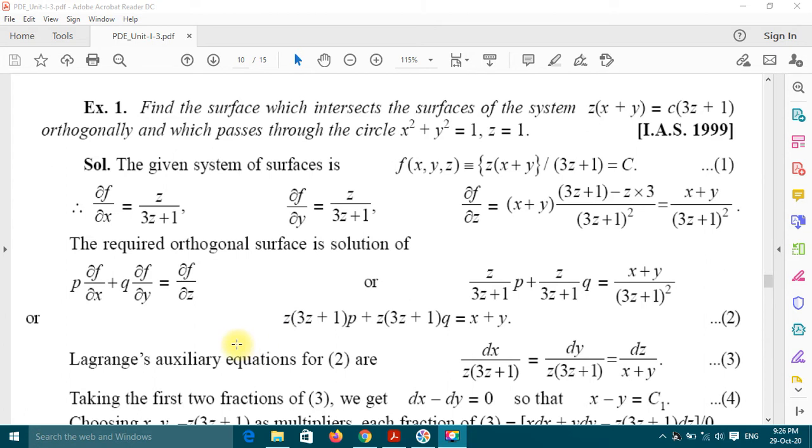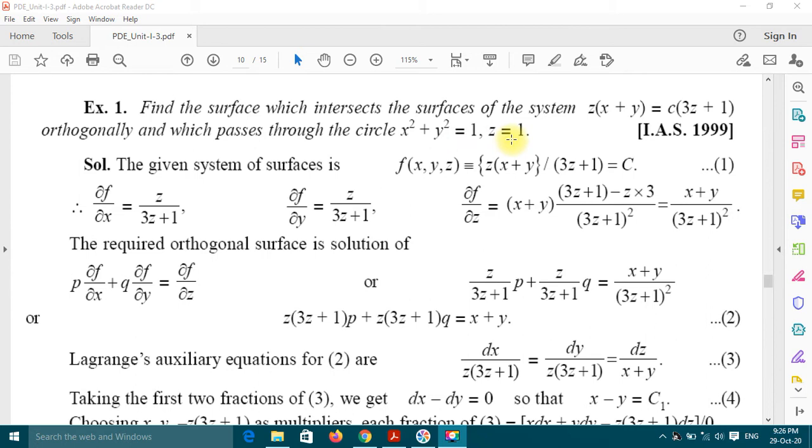Now one more thing: the surface obtained from the solution of this equation 2 passes through the circle x² + y² = 1 and z = 1.